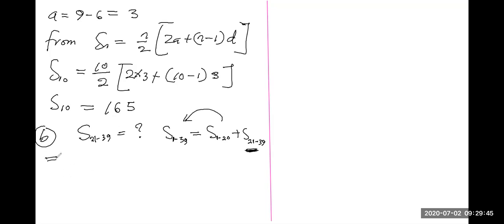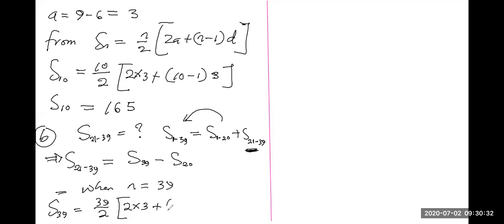That implies the sum of the 21st to the 39th term, which they require, is equal to the sum of 1 to 39 minus the sum of the first 20 terms, which is 1 to 20. Now we can apply the formula for these two to find this particular one. So we are good to go.